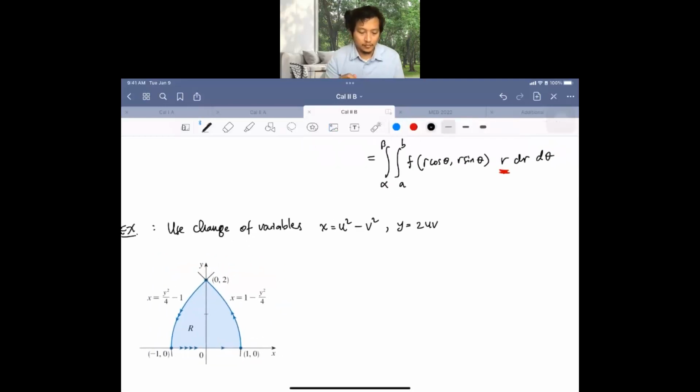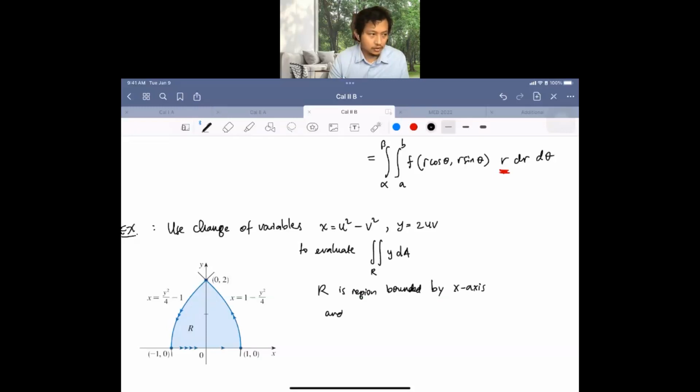Okay. So use change of variables to evaluate the double integral of y dA, where R is the region bounded by the x-axis and the parabolas.